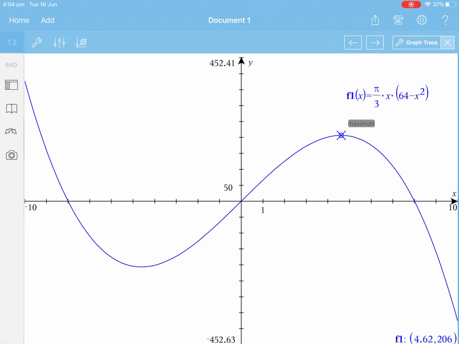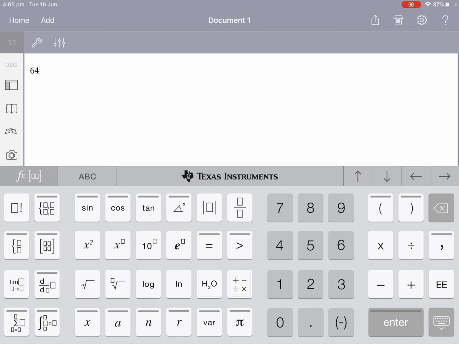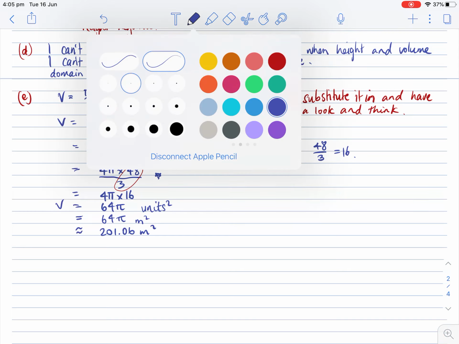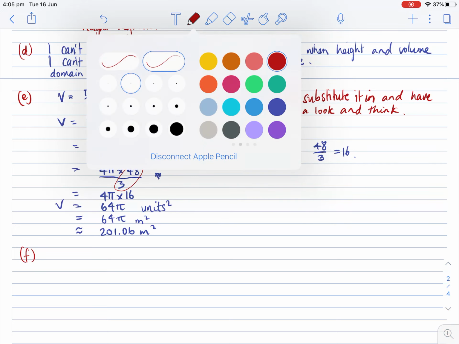And then I can use my calculator to do 64 times pi and get an approximate answer. 201.06 metres squared. Okay, these little tricks with the 48 and the 3 come with practice. The more practice you have doing things by hand, the quicker you can do that.